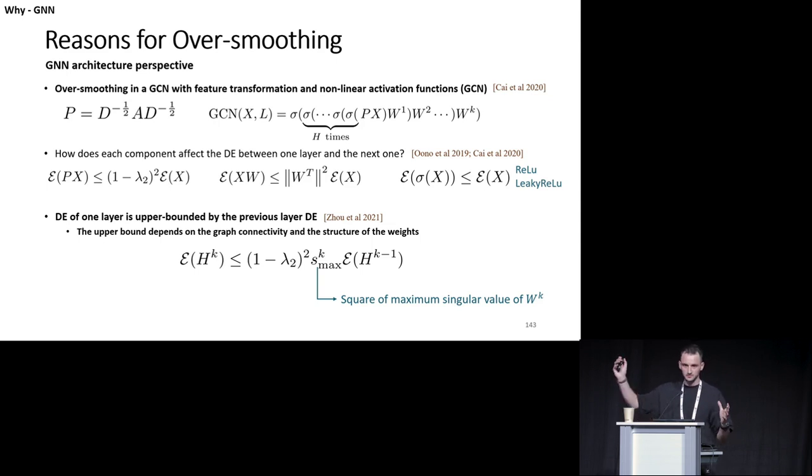So the higher the norm of the weight matrix, the higher is going to be the over squashing between one layer and the next. Because you can think about the weight matrix as if it encodes the interaction between the connected nodes, if it gives a strength to that connection.